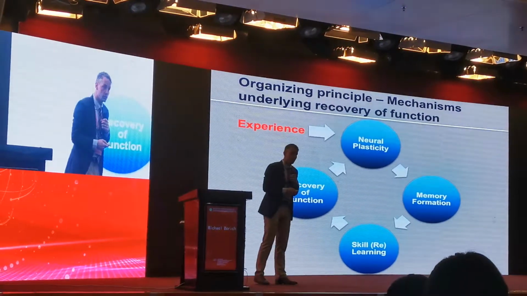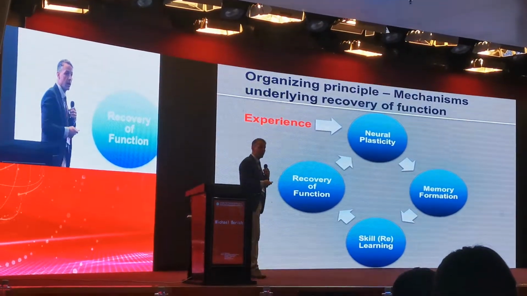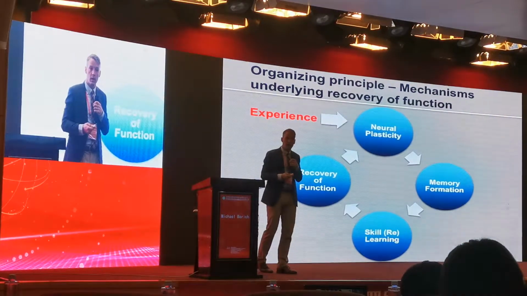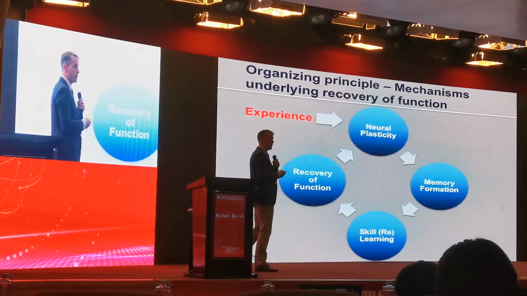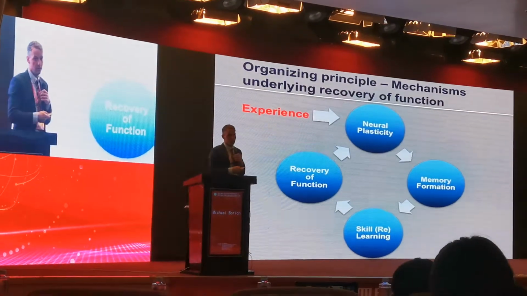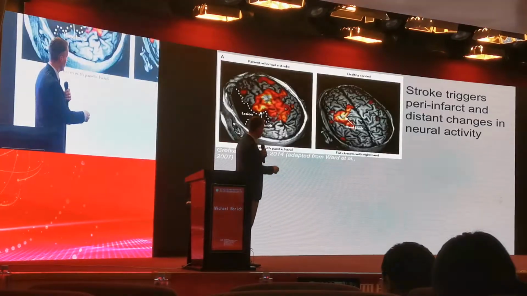Again, experience is how we get there, and traditionally in rehabilitation, this is what we do. We ask individuals to move, and we know that asking individuals to move, and to move in a skilled way, helps them be able to move better. But it's incomplete in terms of its ability to recover function.